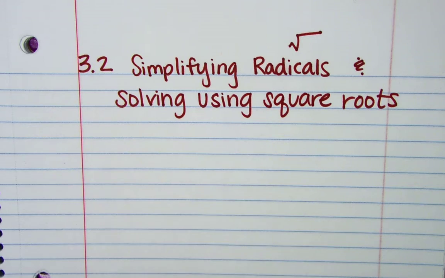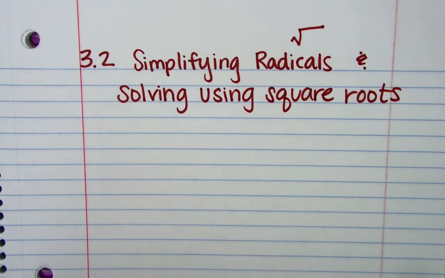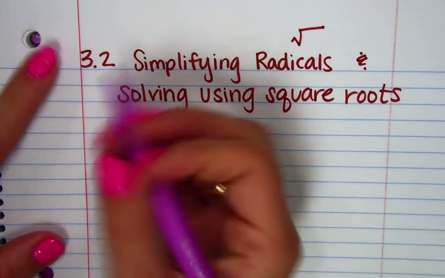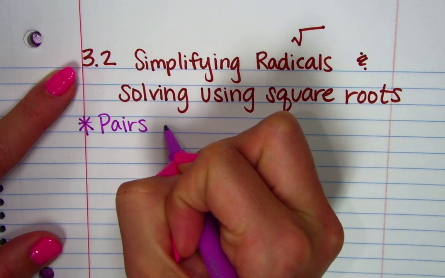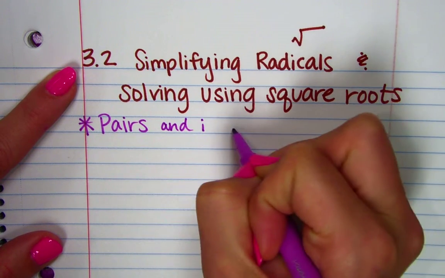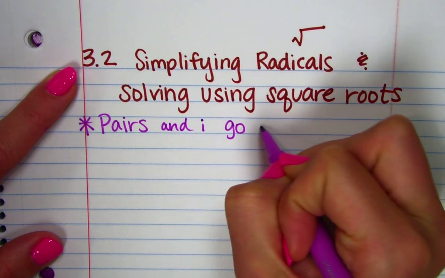Now, the key rule when you're simplifying is this. I'm going to tell you it. It probably doesn't make any sense until we actually do the problem, so just write down the rule and then I'll explain it afterwards. The rule would be: pairs go outside, and leftovers go inside.